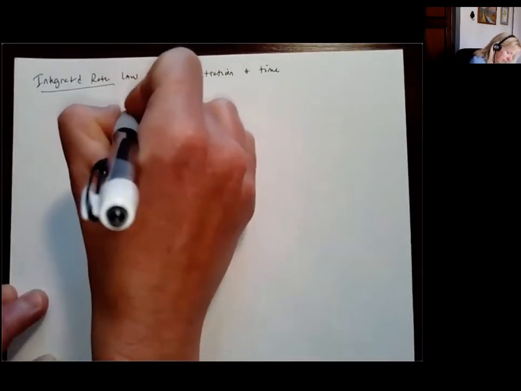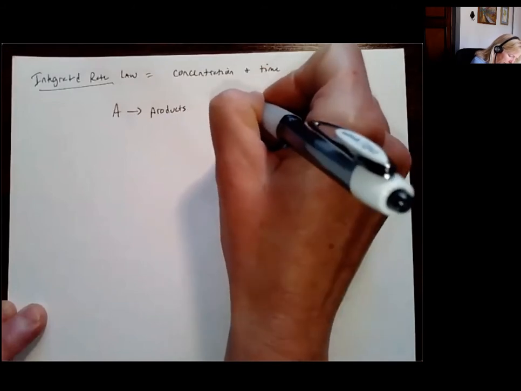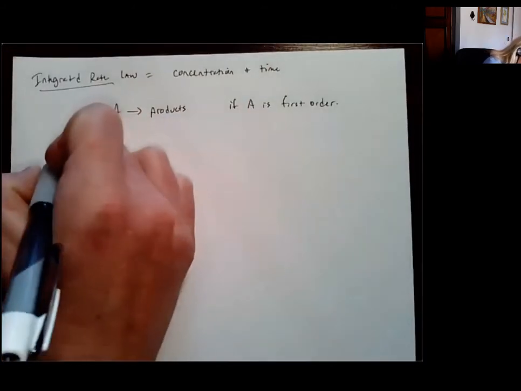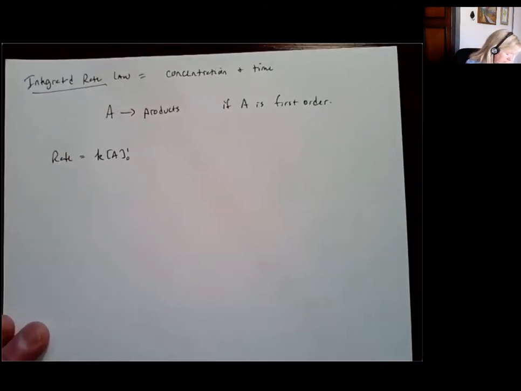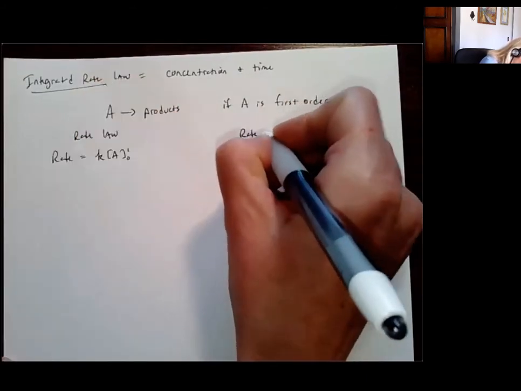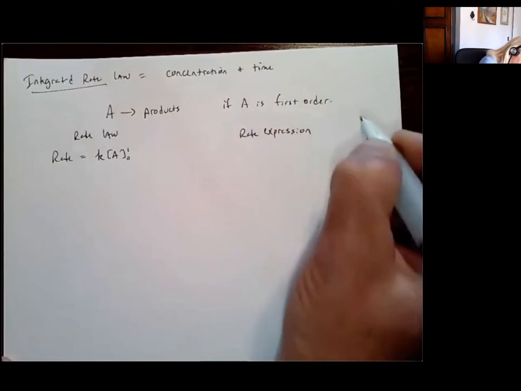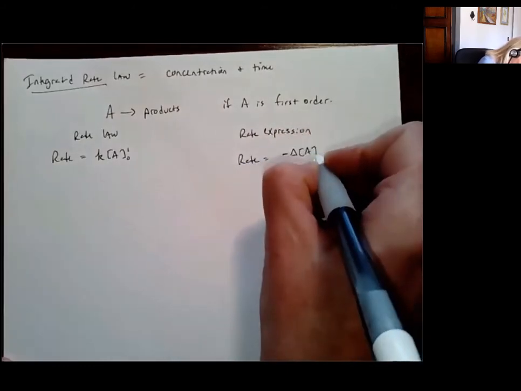Take a very simple reaction, A goes to products, and let's assume A is first order. My rate at time 0 would look like this, and since it's first order, my rate expression is going to be proportional.